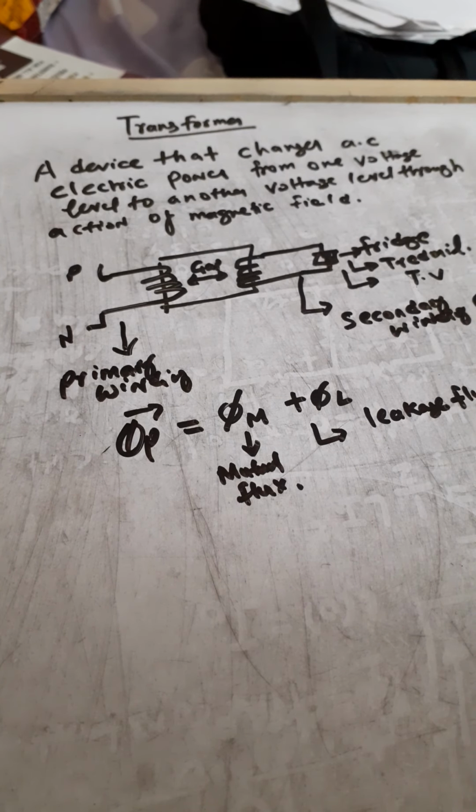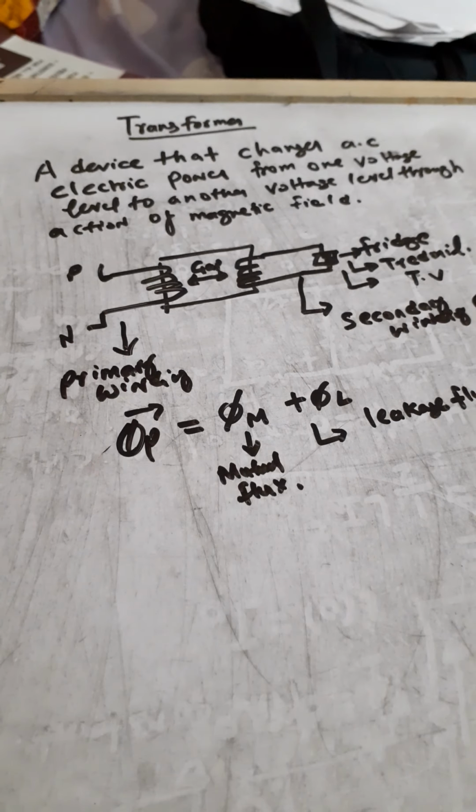So the flux in the primary coil of the transformer can be divided into two components, that is a mutual flux which remains in the core and links both the windings, and a small leakage flux which passes through the primary winding but returns through the transformer bypassing the secondary winding.